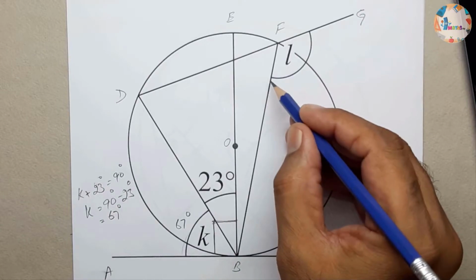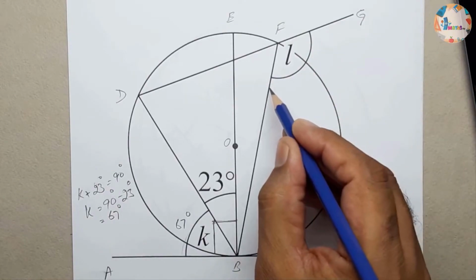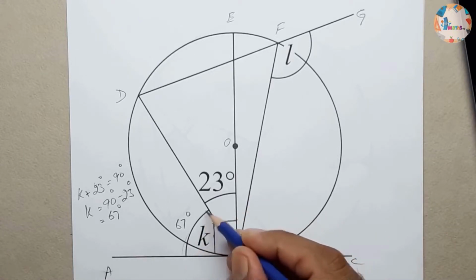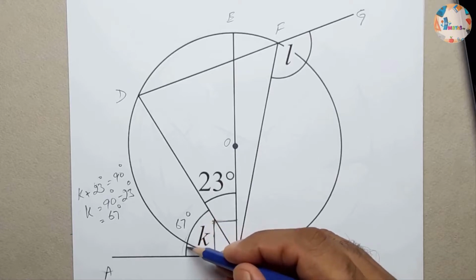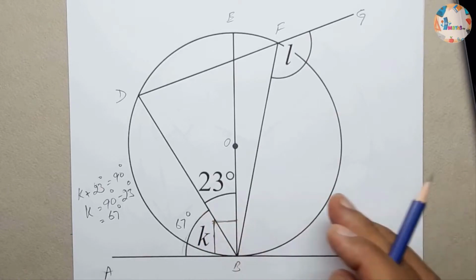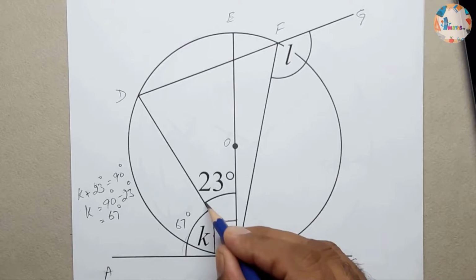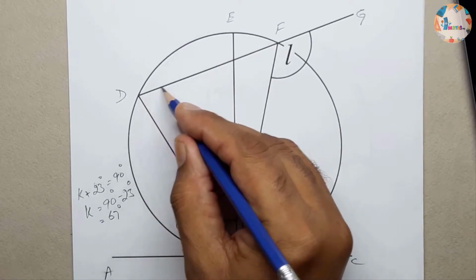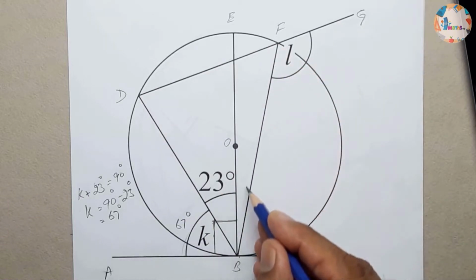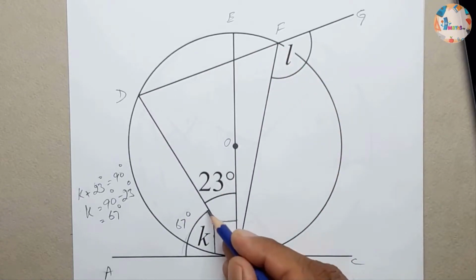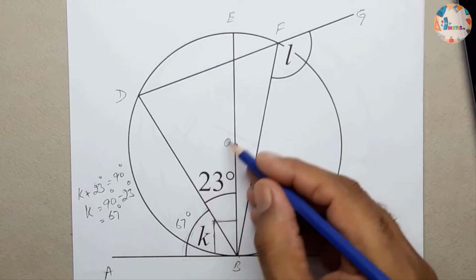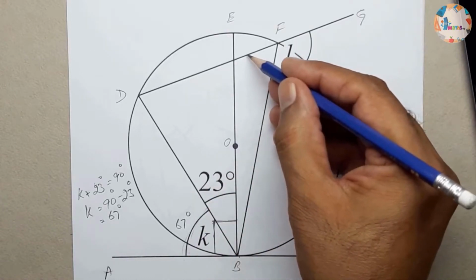We are looking for this angle which is L, and that one we will be checking. First we can apply another rule. You can see this is K which is 67, and this is the segment BD, and this is a triangle, and we have another rule relating this K angle and the angle in another segment.